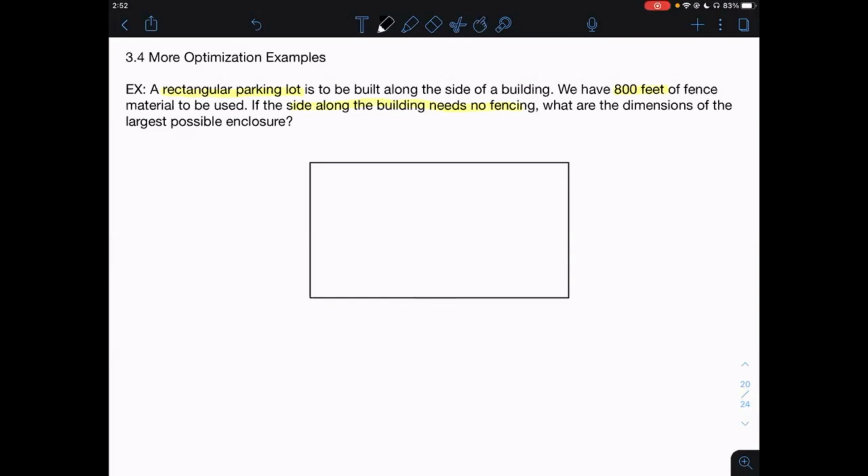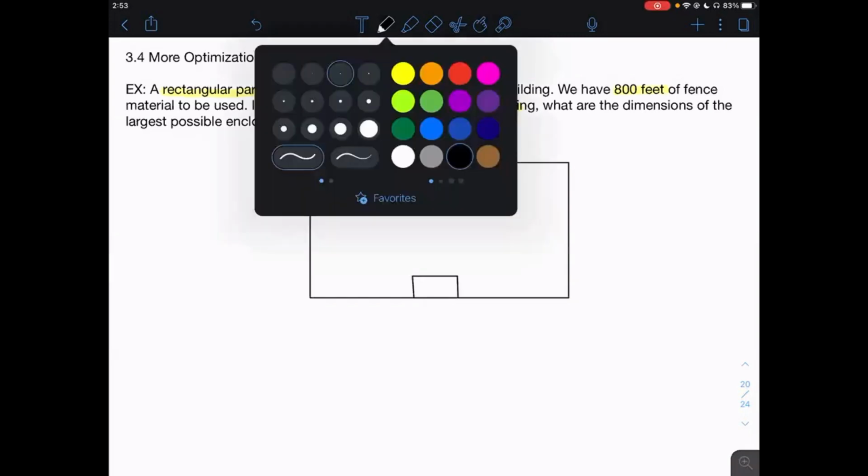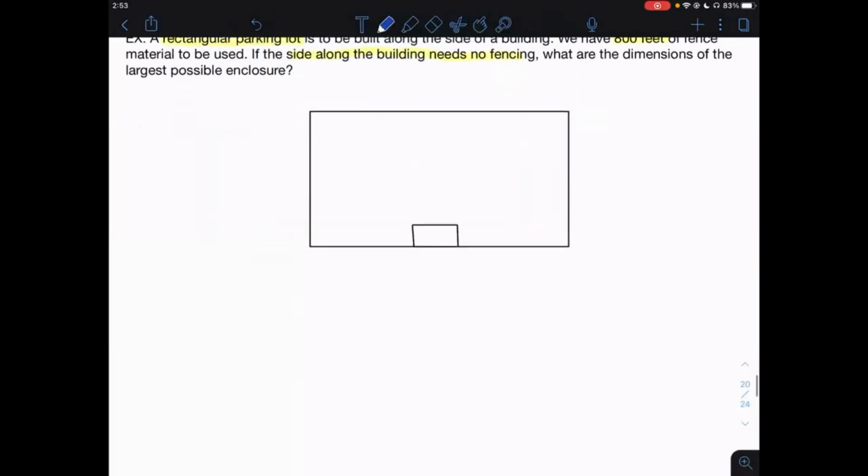And so the parking lot that we're trying to build here is going to be right in the back of this building. So here we have the left side, the opposite side of the building, and then the right side.